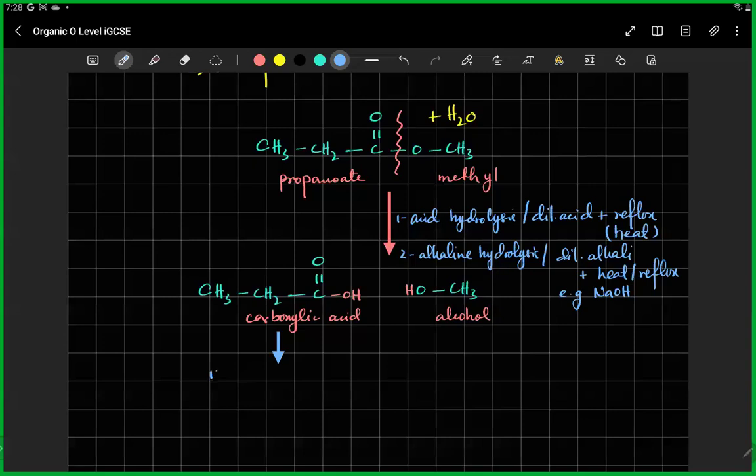So in alkaline hydrolysis, the carboxylic acid reacts with the alkali. So carboxylic acid जो है ना reacts with alkali, ठीक है? तो to produce a salt.